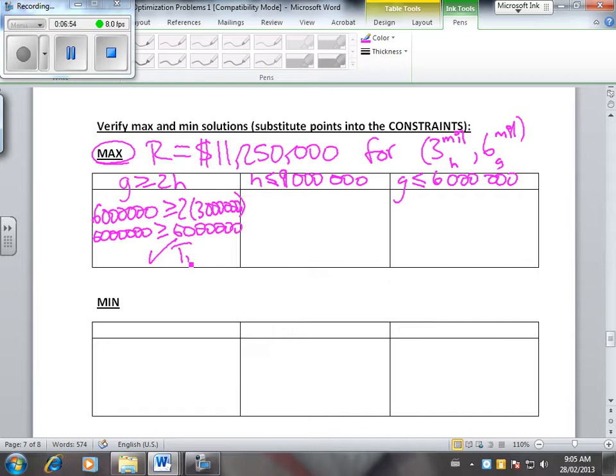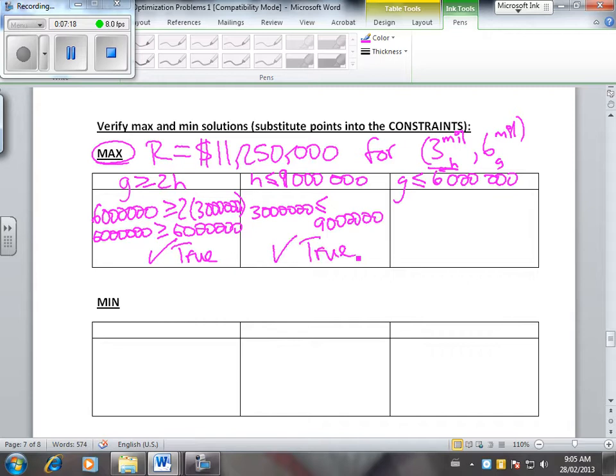Yes, it's true. Okay, so far so good. Let's try that heating oil has to be less than 9 million. So heating oil is H, so we have 3 million is less than or equal to 9 million. When we look at it, is 3 million less than or equal to 9 million? It is, so that's true.